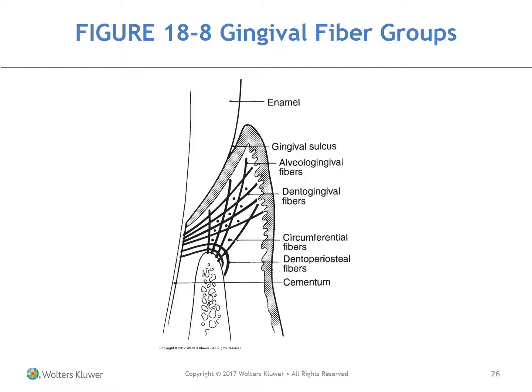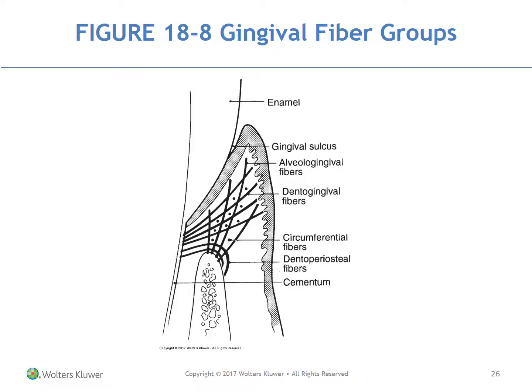All right, so here's our gingival fiber groups, and you do need to know these. We have our alveolo-gingival fibers, okay? Alveolo-gingival, bone to gingiva. Dento-gingival fibers, what does that tell you? From the tooth to the gingiva. Then we have circumferential fibers that are going all the way around.